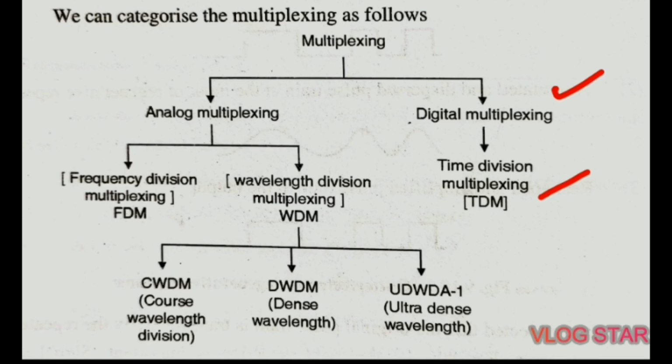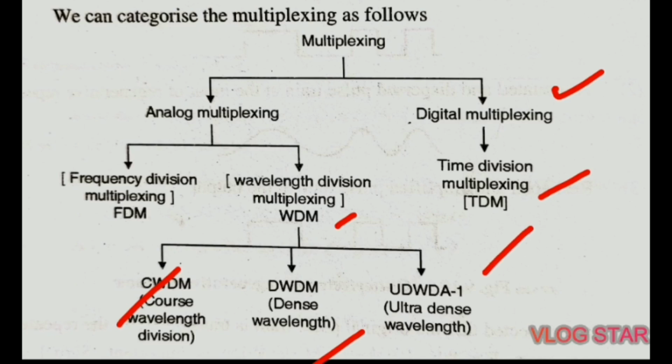Here the CWDM or coarse wavelength division multiplexing is a higher version of WDM. Here the space between the wavelengths is more, therefore the bandwidth utilization is less than WDM. Second, DWDM or dense wavelength division multiplexing has more than 32 wavelengths per fiber, which gives increased density and capacity.